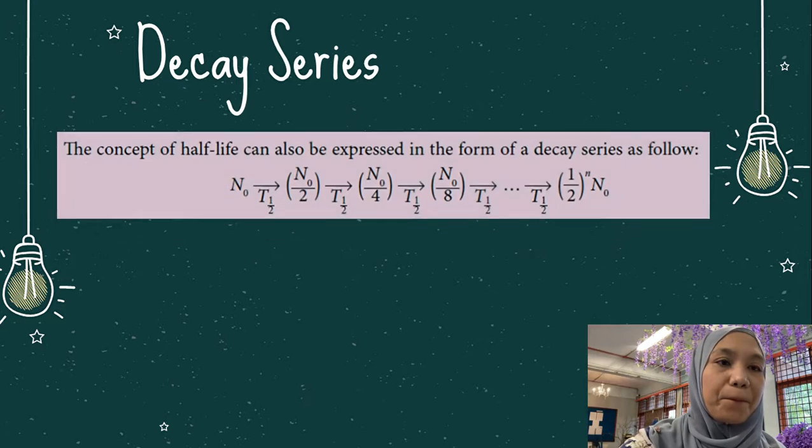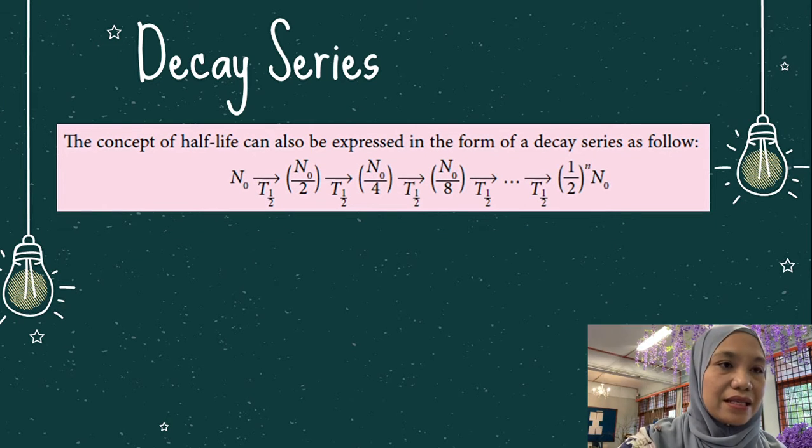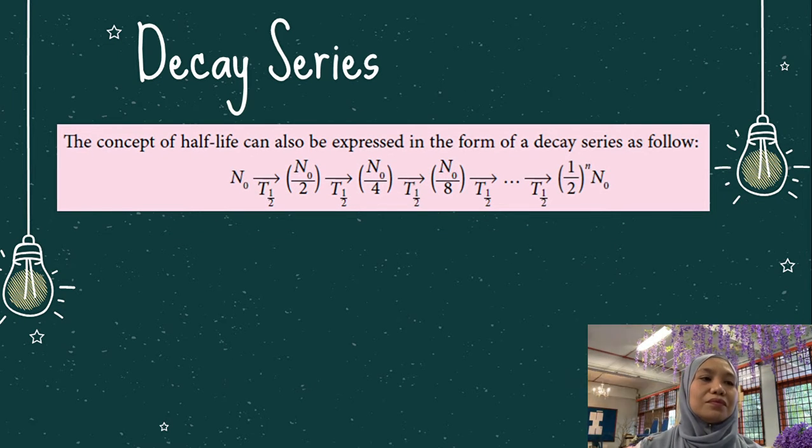Next, decay series. I introduced decay series so that we have another option to solve problems related to nuclei that decay. The concept of half-life can also be expressed in the form of a decay series as follows. So N naught is the initial mass.